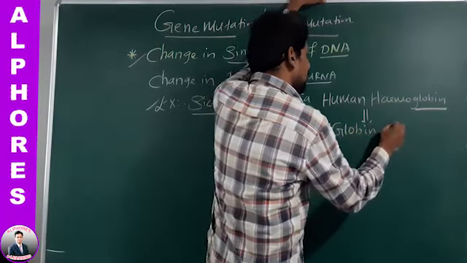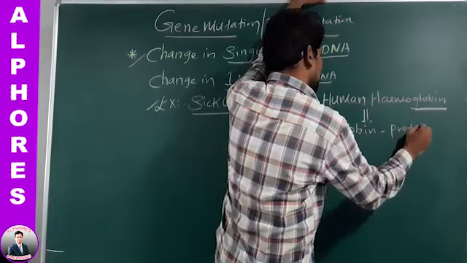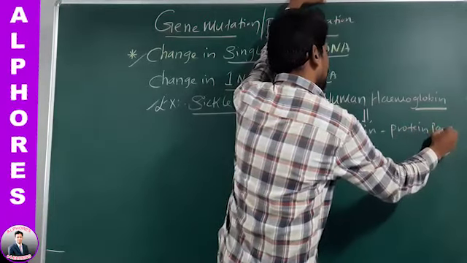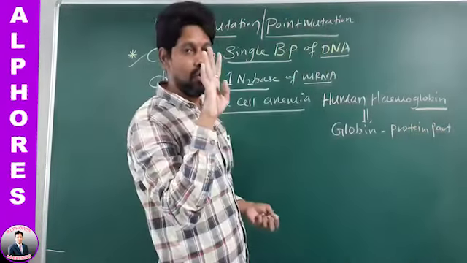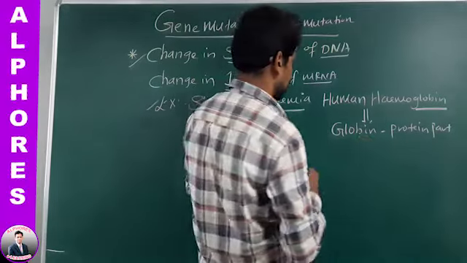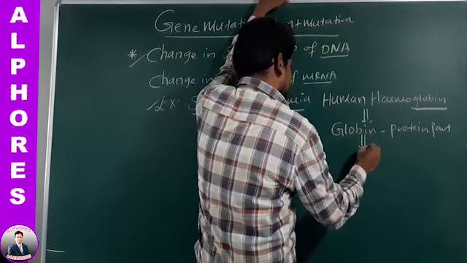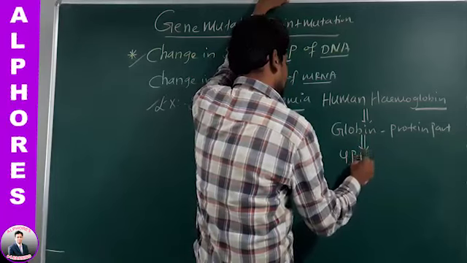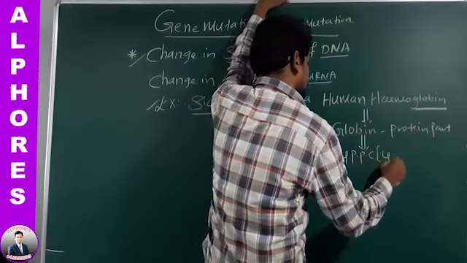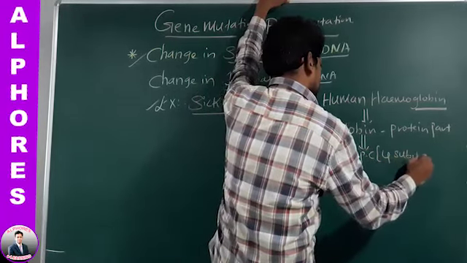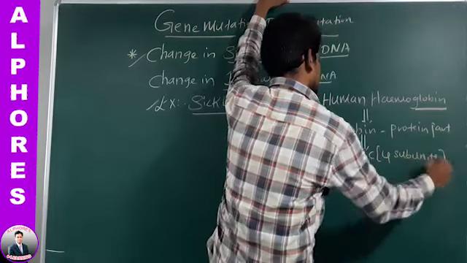This globin protein contains 4 polypeptide chains, which are 4 subunits.